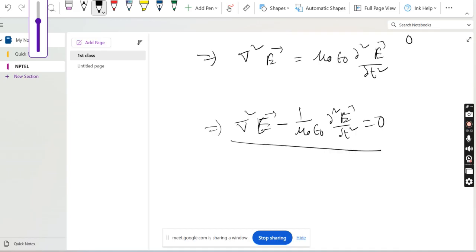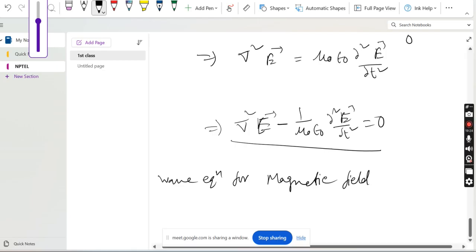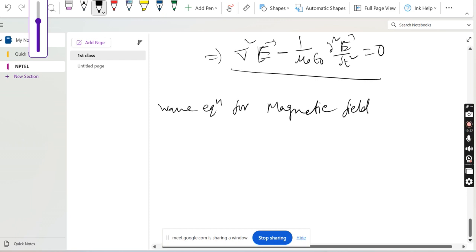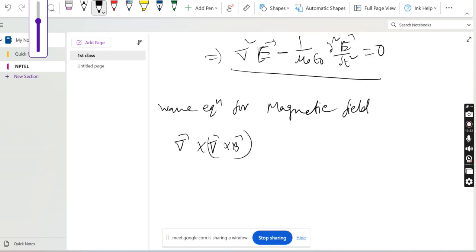So this is the wave equation for the electric field. Similarly, we start with the Ampere-Maxwell law. Take a curl on both sides of the Ampere-Maxwell law. We have already seen that for a charge-free and current-free medium, J is 0.